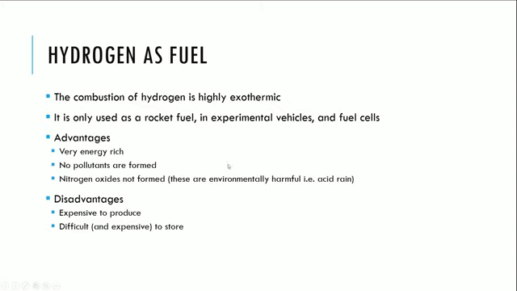For example, nitrogen oxides are not formed by using hydrogen as fuel, and because nitrogen oxides are environmentally harmful, that can cause acid rain and things like that, it's overall a good thing that these are not produced. Disadvantages would be that it is expensive to produce and quite difficult and again expensive to store.